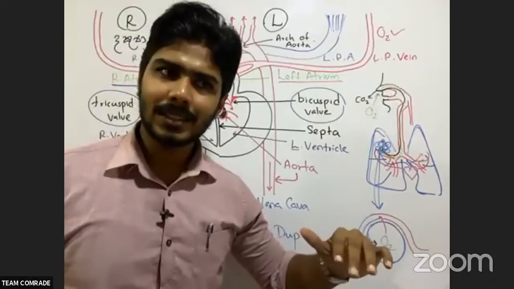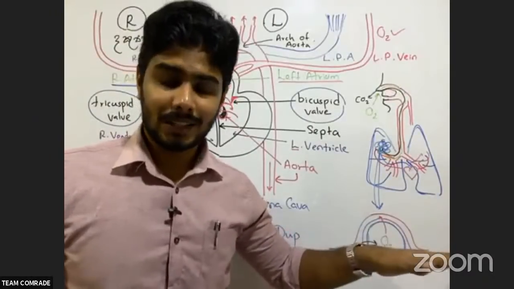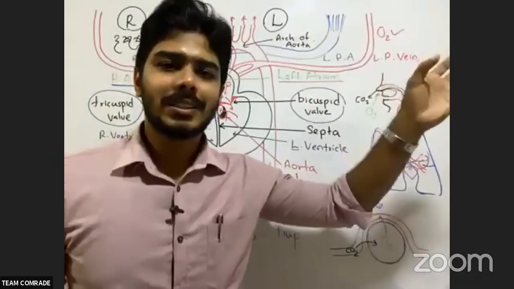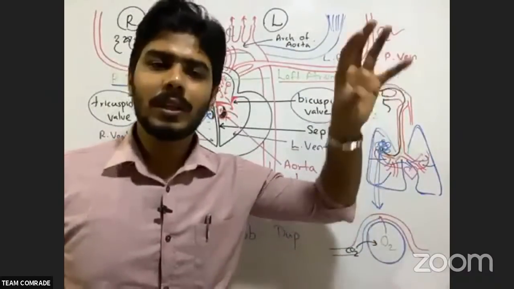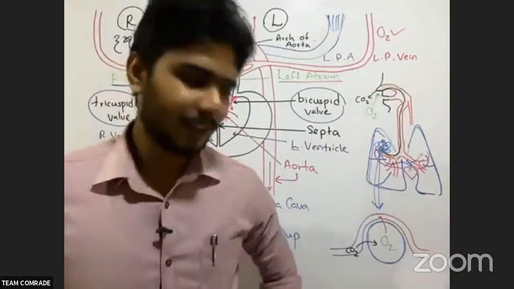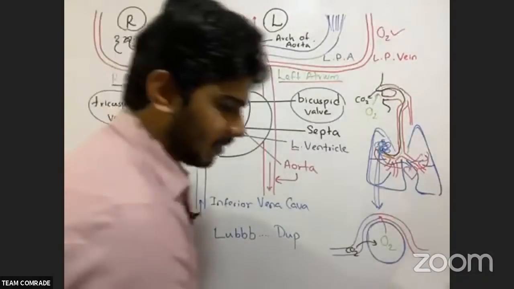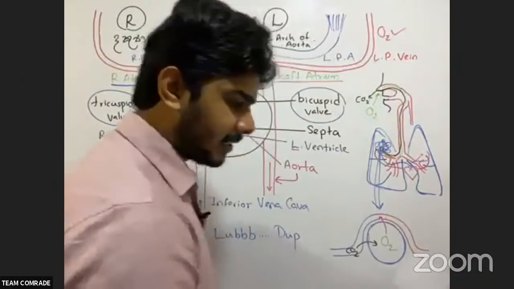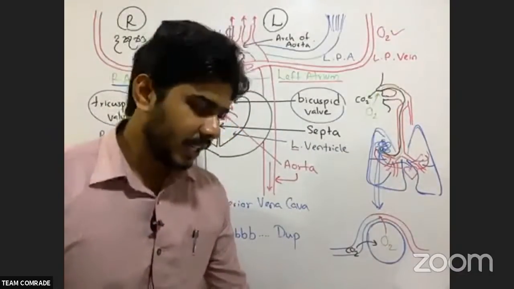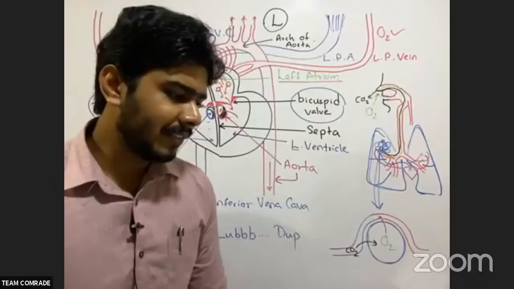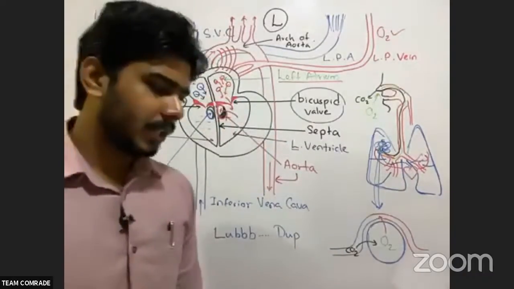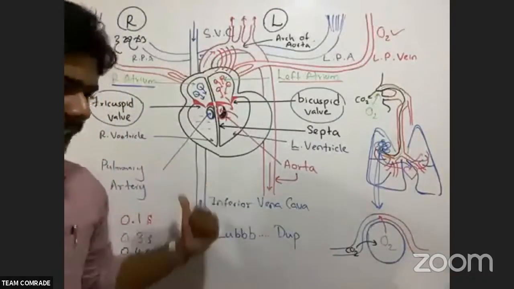Today is a full moon poya. Moon, in another term, is lunar, and here we have semi-lunar, meaning half. So there are aortic semi-lunar valves at the starting point of the aorta, and pulmonary semi-lunar valves at the starting point of the pulmonary artery.